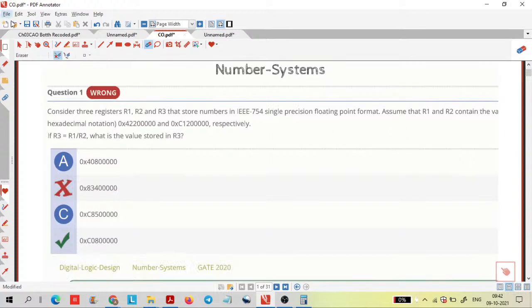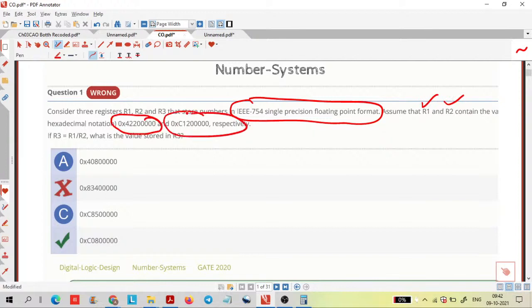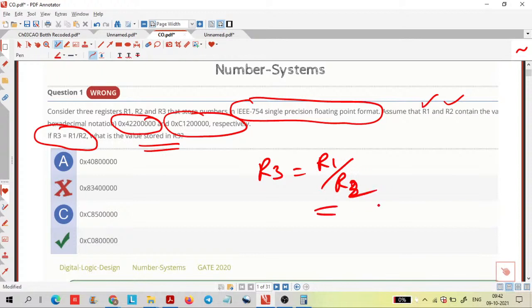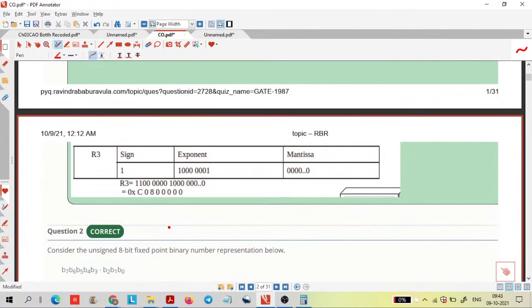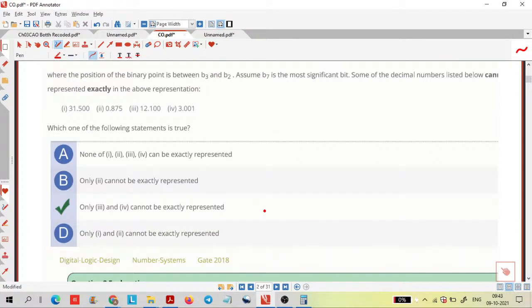Here you can see a floating point data is given. They gave two registers that store some values. If R3 is equal to R1 by R2, what is the value stored in R3? Means they stored some values already in the two registers, and for the division they asked in a reverse way.